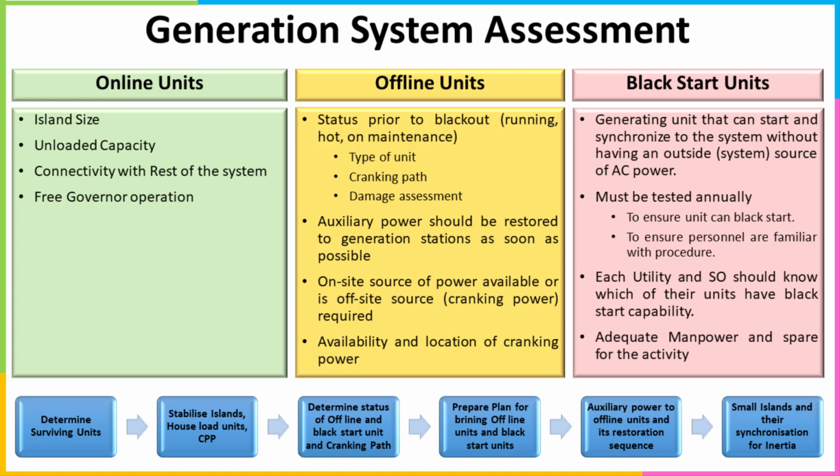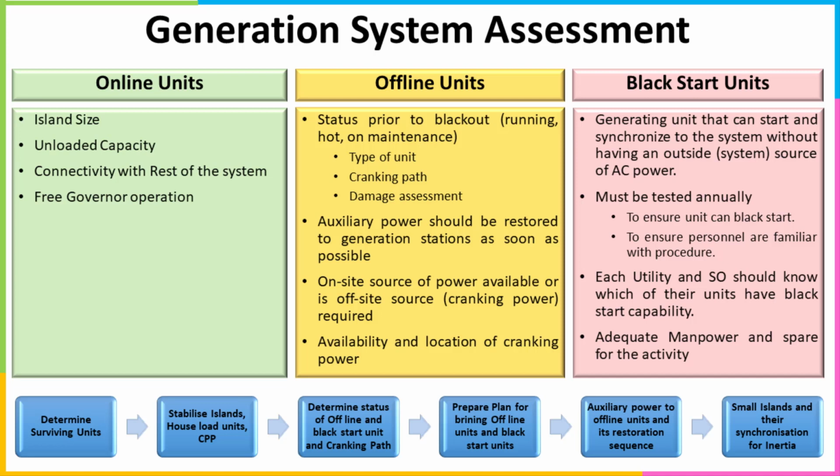So the overall crux is that you first determine the surviving units, stabilize those islands, and determine the status of offline and black start units, and the cranking path that you can create to those offline units and the nearby loads. Prepare a plan for bringing back offline units and black start units.